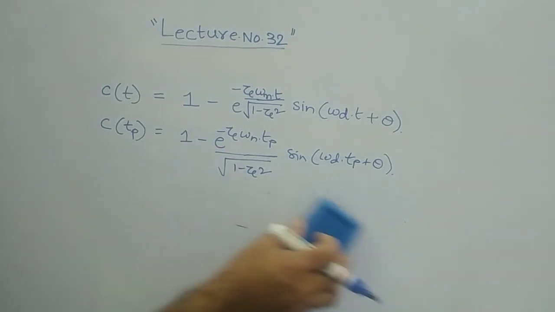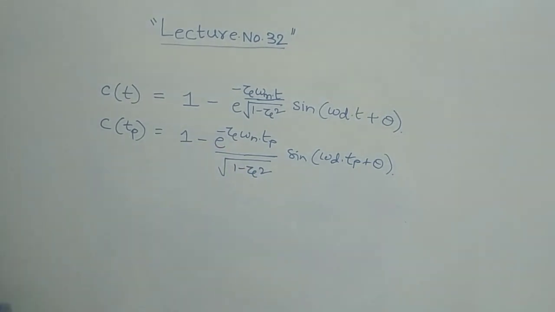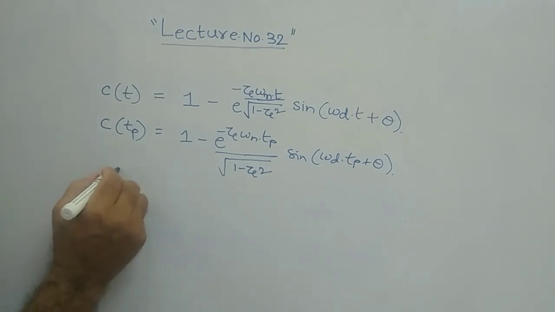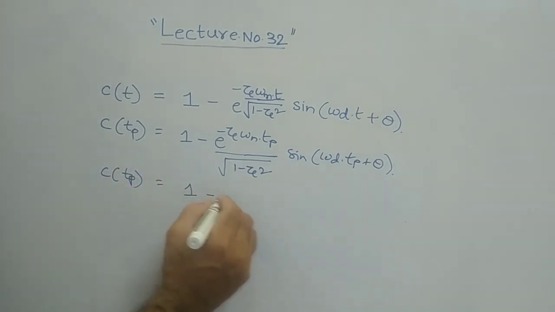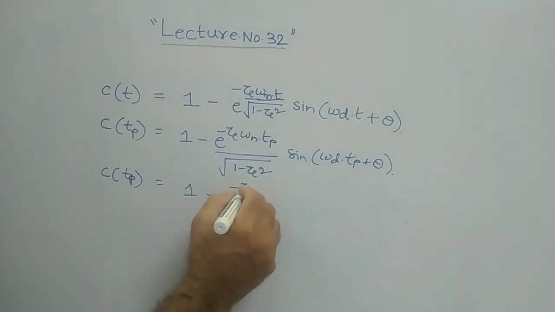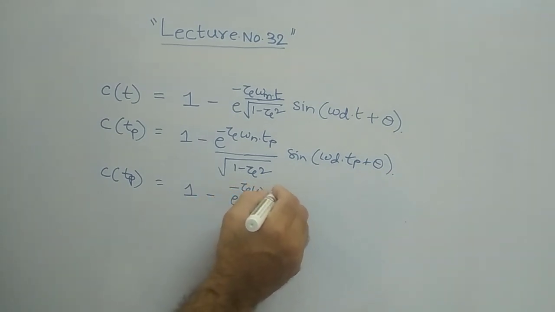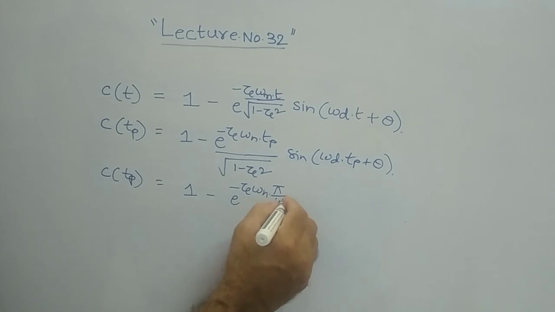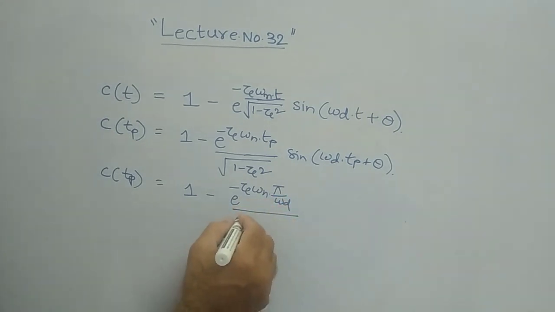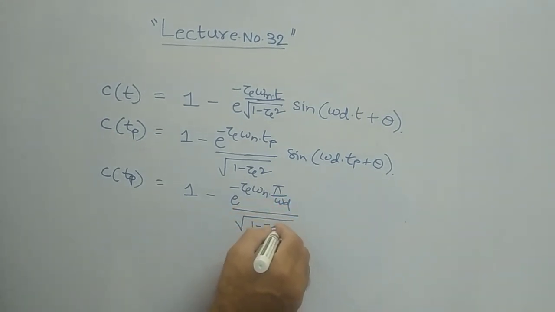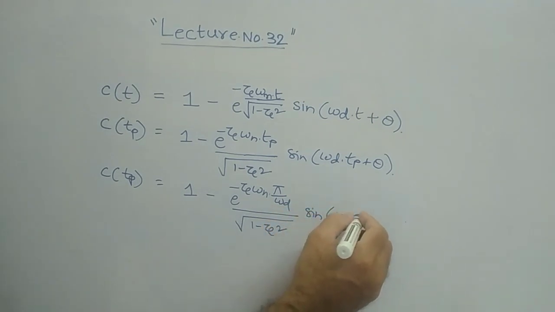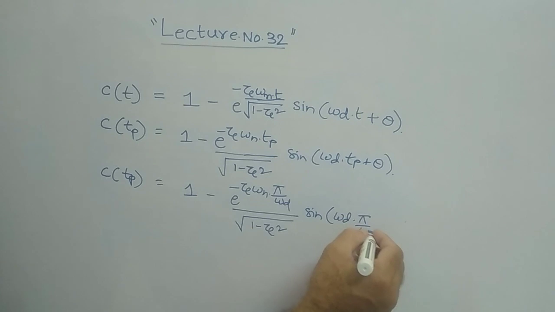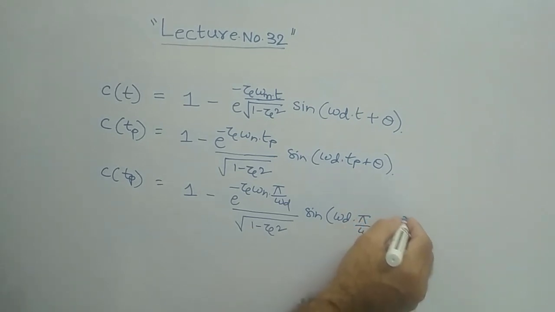Then C of Tp is equal to 1 minus e power minus zeta omega n pi by omega d, divided by square root of 1 minus zeta square, into sine of omega d into pi by omega d plus theta.